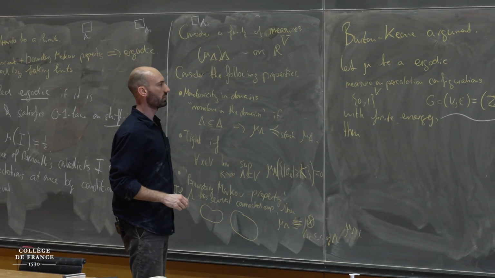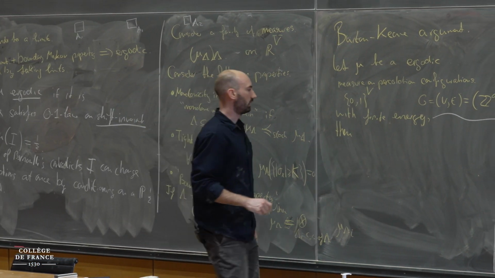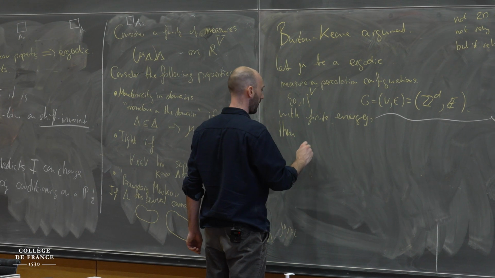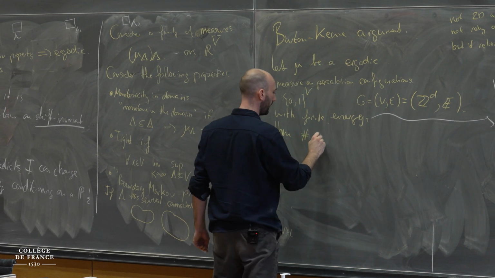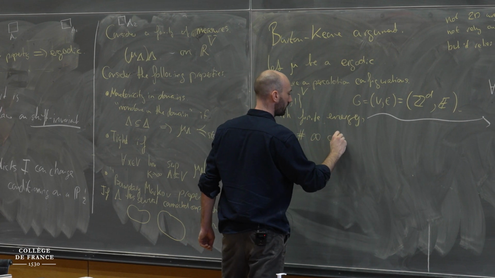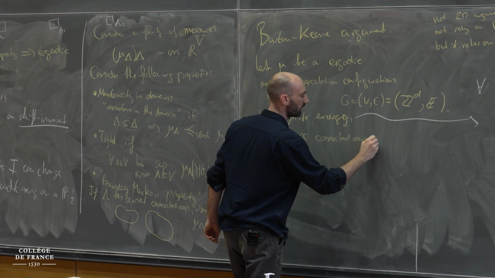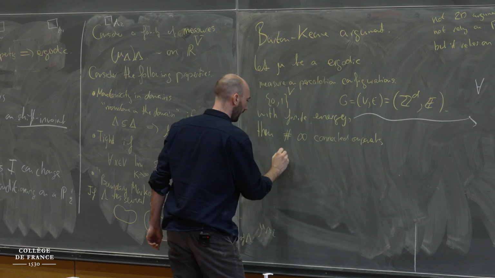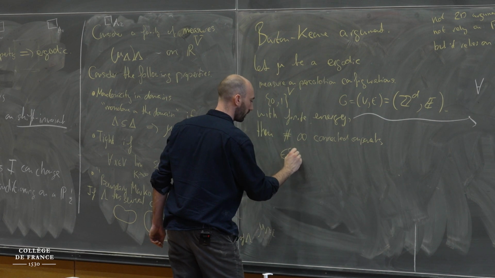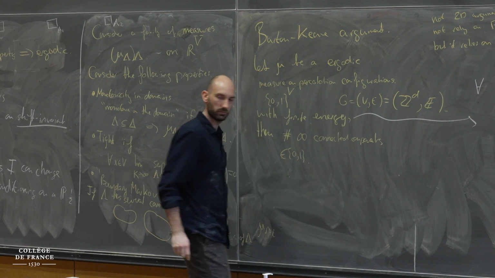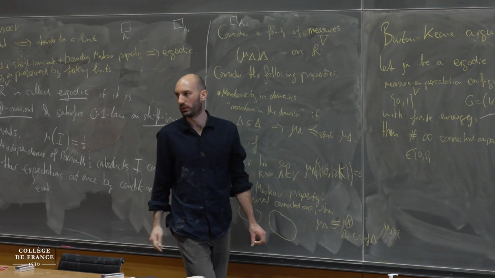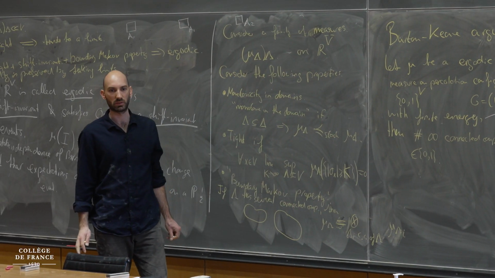So then what is the conclusion? The conclusion is that the number of infinite connected components is 0 or 1. So you can ask how many connected components this percolation has.